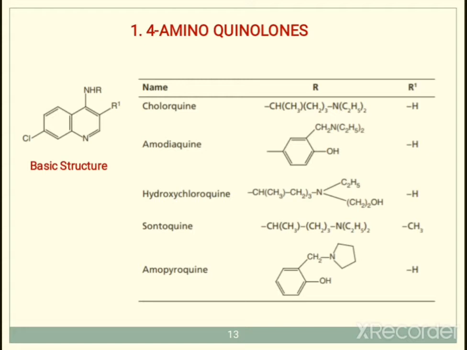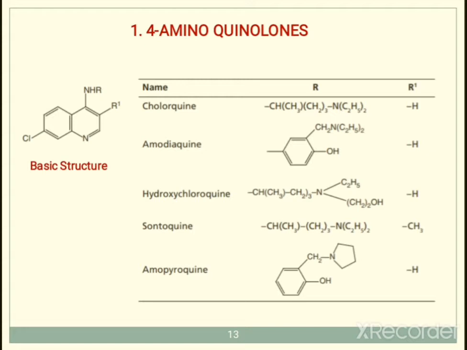Next is santoquine. In santoquine there is CH3 CH2 3 times and N C2H5 C2H5, similar to chloroquine, and only at R1 there is a difference of CH3. So santoquine and chloroquine are similar, but at R1 CH3 is there. The hydrogen has been replaced by CH3.